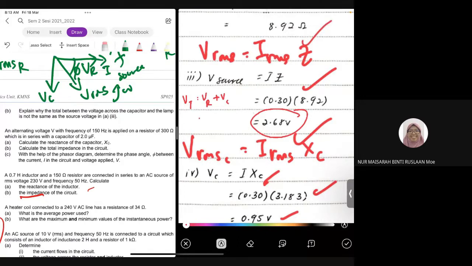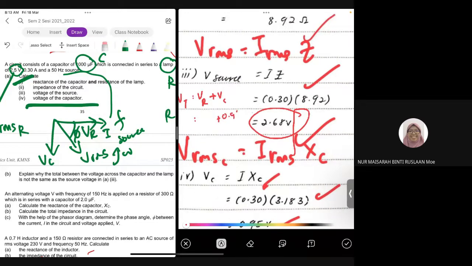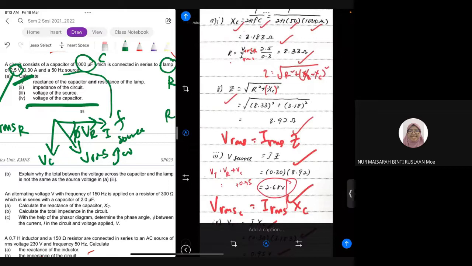Okay, berapa dapat? So VC 0.95, VR berapa VR tadi? VR mana VR? VR tak ada so VR kena cari.